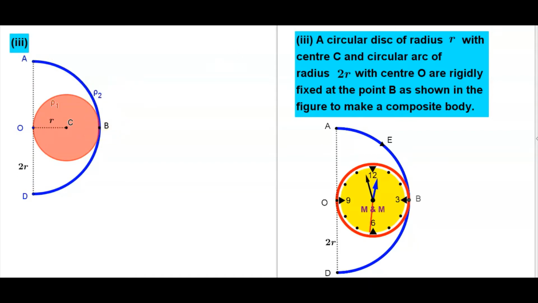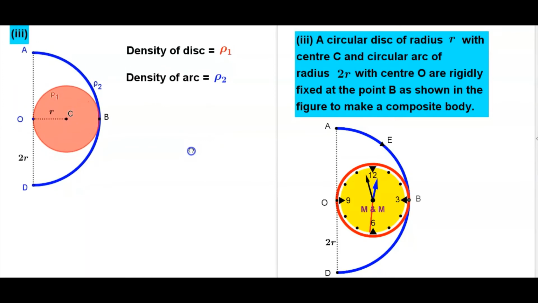Density of disc is rho 1. Density of arc is rho 2. Radius of disc is r. Mass of the disc is area into density of disc.